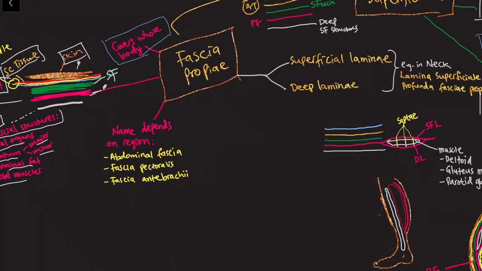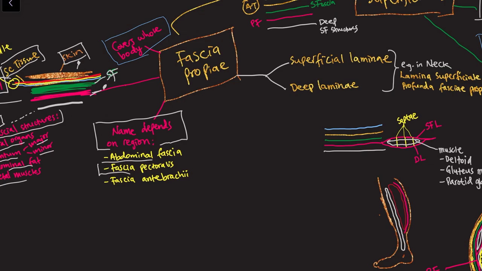Now, the name of the fascia proper in different regions of the body is determined by the region of the body, right? For example, when you're in the abdominal cavity, the fascia proper there takes on a different name. For example, it becomes the abdominal fascia. When you're in the chest, in the thoracic cavity, then there you have fascia pectoralis, right?